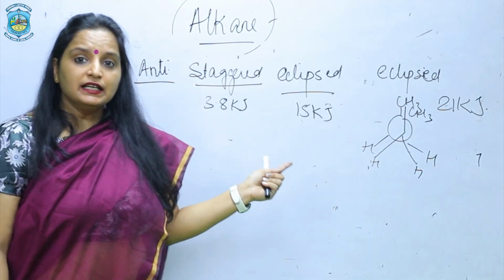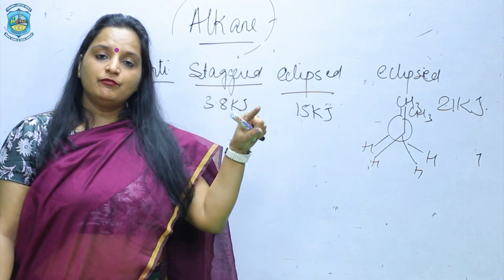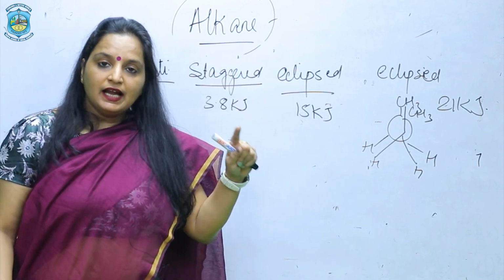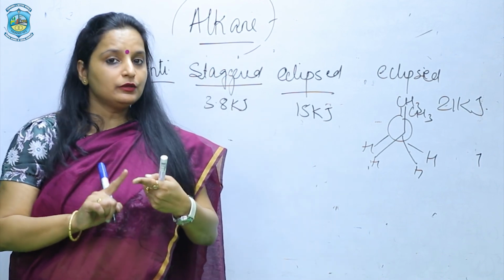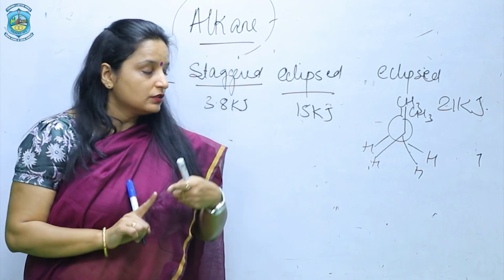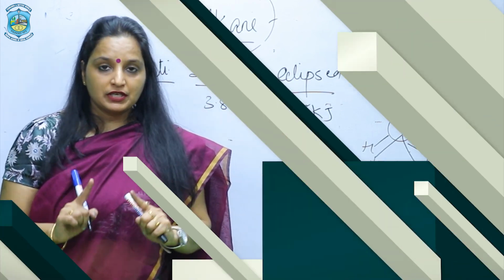This can be clearly understood by plotting the graph between energy and dihedral angle between the two CH3 groups. So this is the conformation of butane.